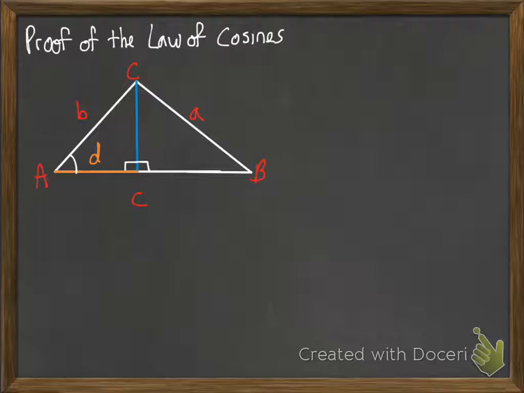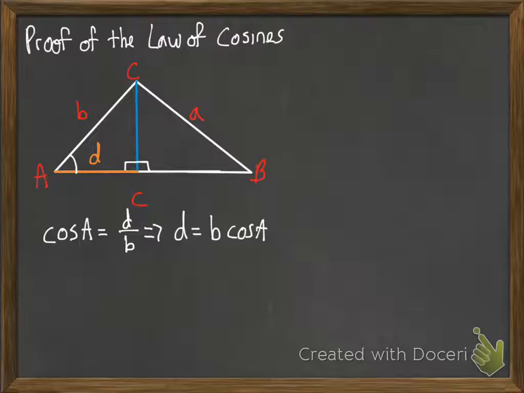It's the adjacent side. We also happen to know the hypotenuse of that triangle. It's B. So using our basic information about trig functions, we can say that the cosine of A is equal to the adjacent over the hypotenuse, and from that we can solve for D. You can get that D is B cosine of A.